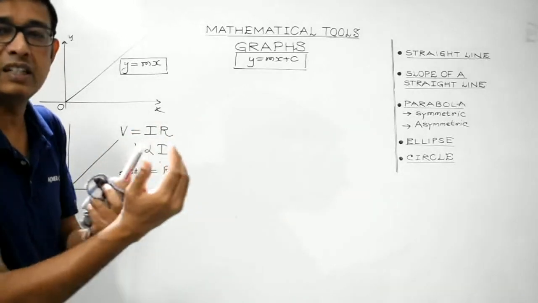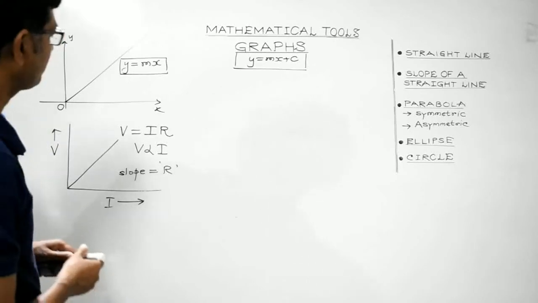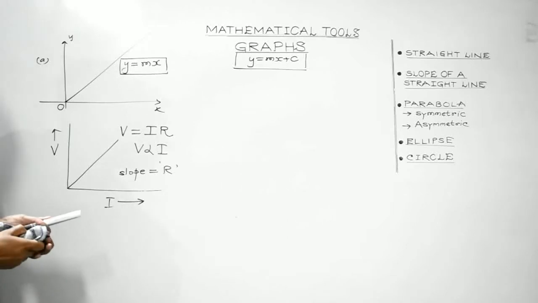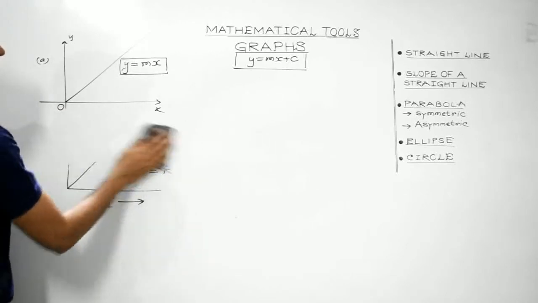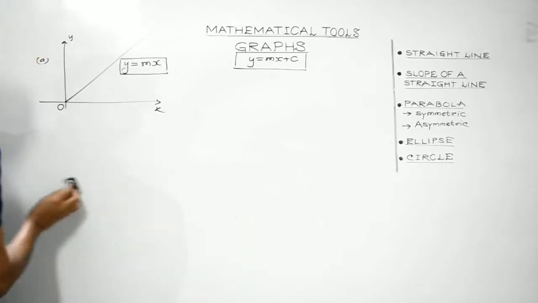So it shows the linear dependency between two physical quantities. Clear? So this is for y equals to mx. It's the standard equation of a straight line passing through the origin. We'll discuss some other cases as well.